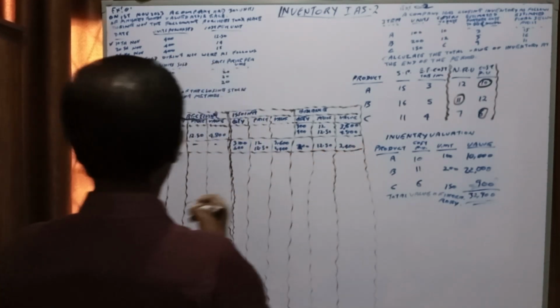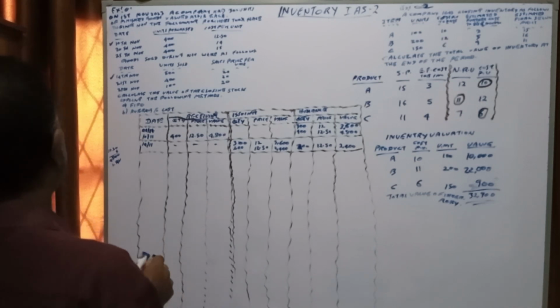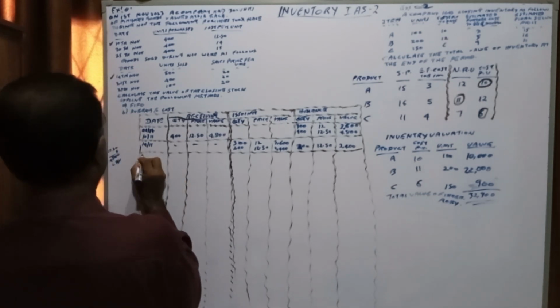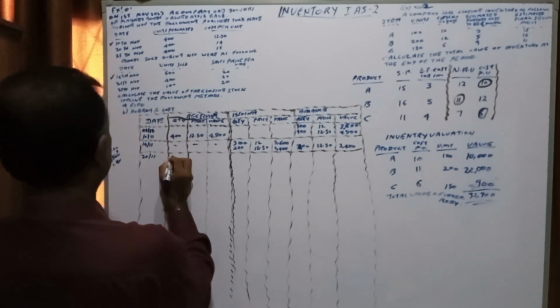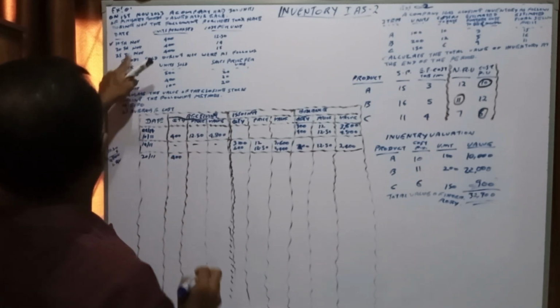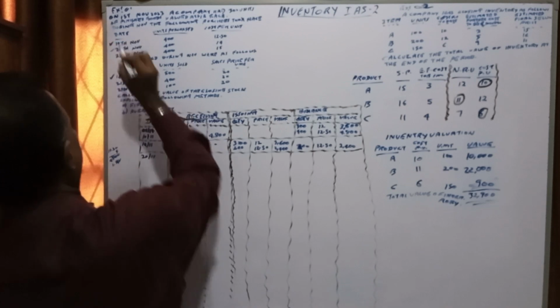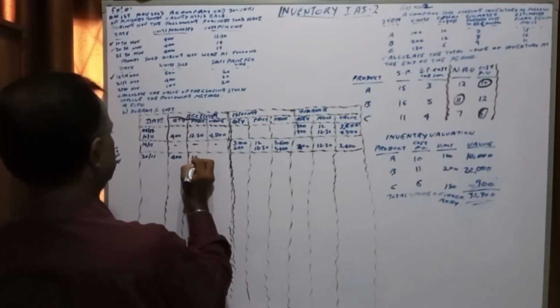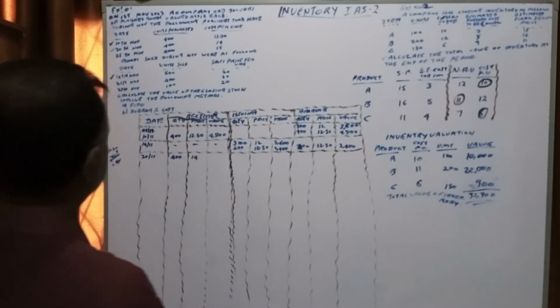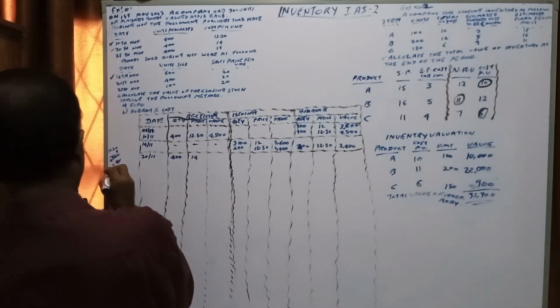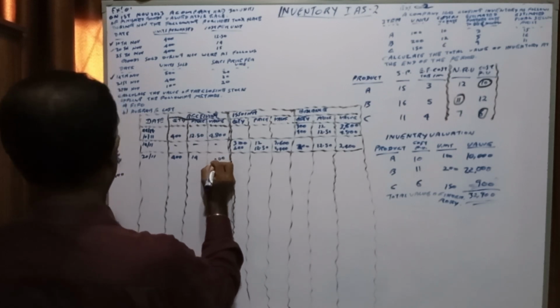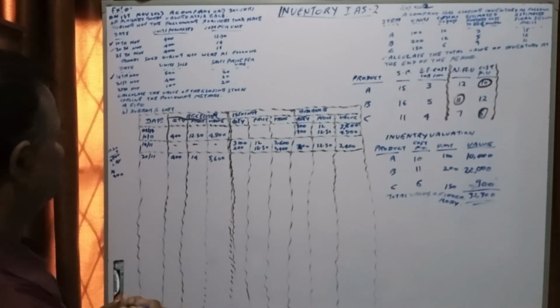Now the next transaction takes place on the 20th of November. We are purchasing 400 units at the rate of 14 rupees. What is the cost? 14 into 400 is 5600.